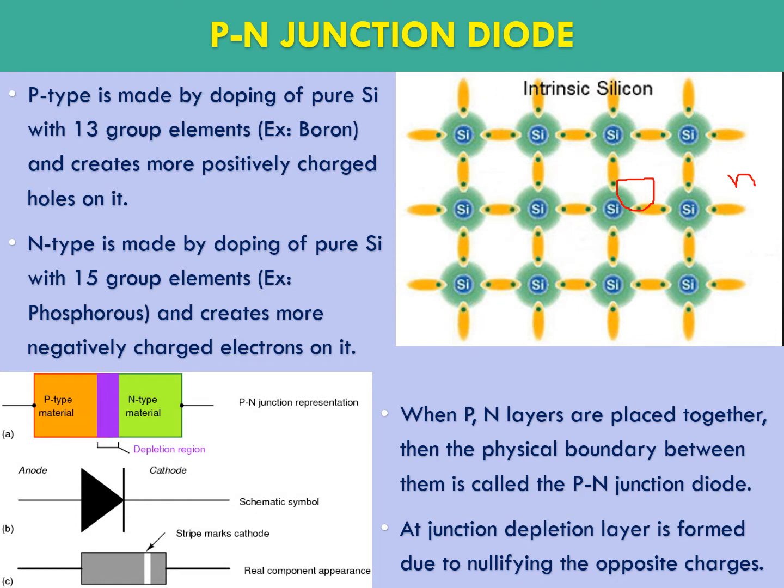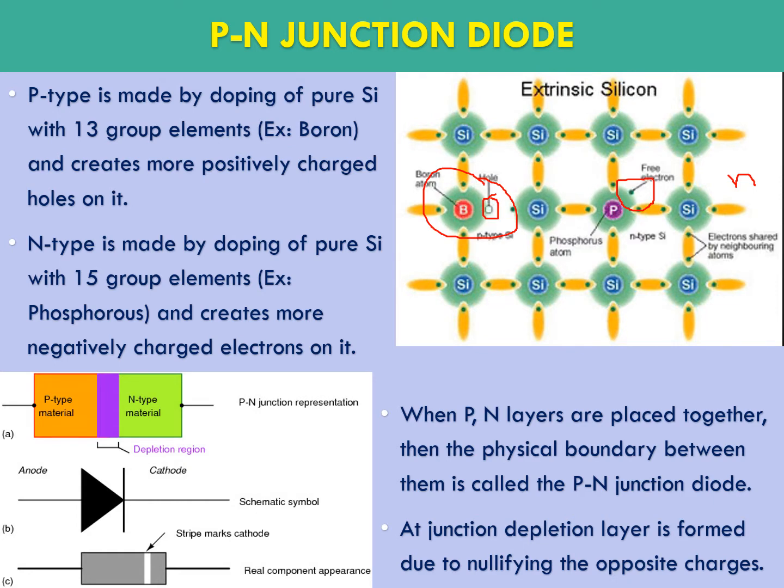And when you dope pure silicon with boron, a 13 group element, it has a positive hole. It is called a p-type semiconductor. So like that, we can generate p-type and n-type semiconductors. When a p-type and an n-type semiconductor are placed together, the physical boundary between them is called a p-n junction diode.